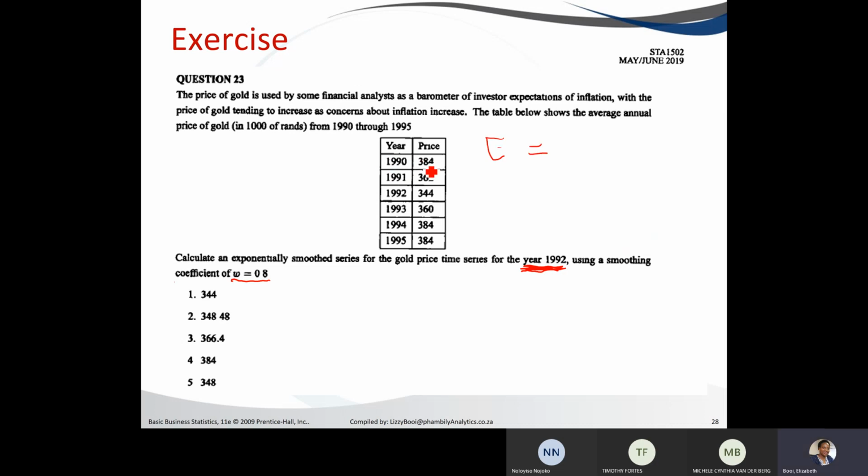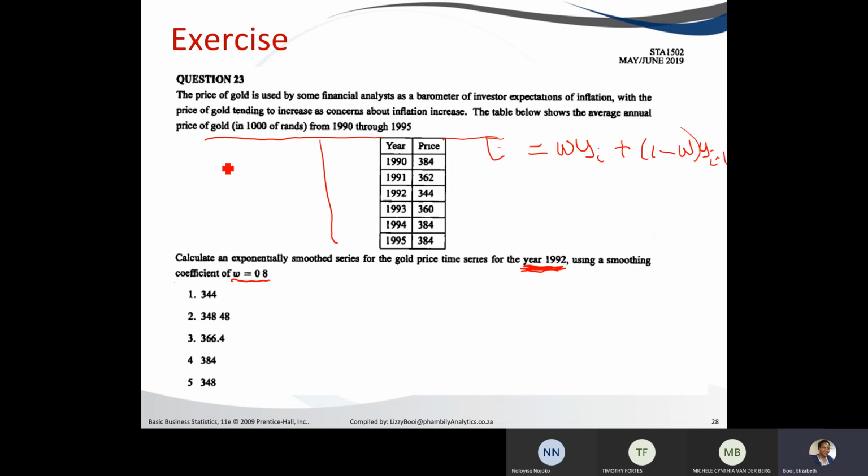So it means you're going to calculate by saying, remember we're calculating W times Yi plus 1 minus W times E i minus 1. Since we're calculating for 92, you will need to extend your table. I'll extend it this side because I ran out of space there.